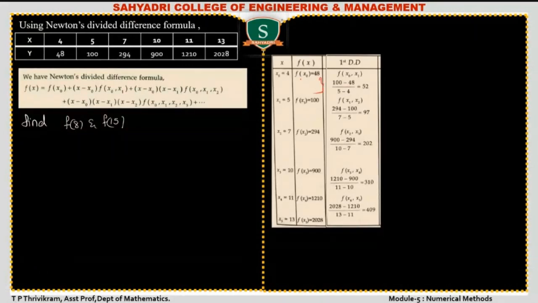Difference between these two, difference between x values. So divide both the values. Similarly, divided difference. Okay, 294 minus 100 divided by the difference between these two. Next, difference between these two divided by difference between these two, and so on.